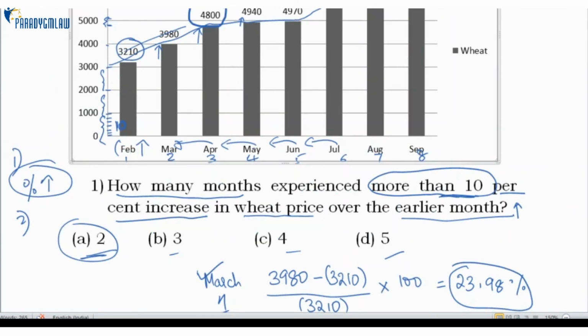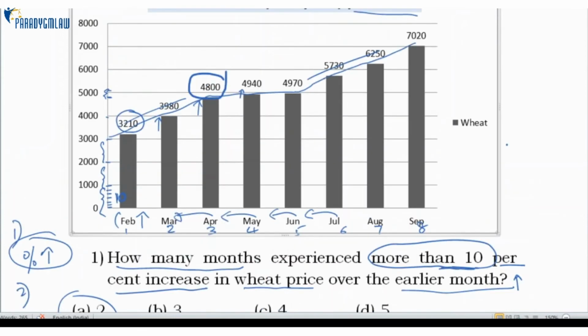So that means I will have to calculate for the month of May to April. From the graph itself, when you look at May to April, you will see the increase is very, very slight. June to May is also very slight. Let's look at July and June.